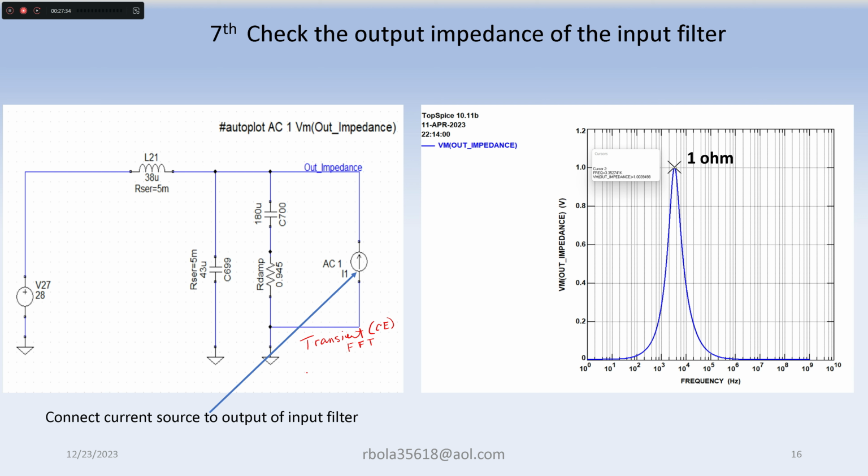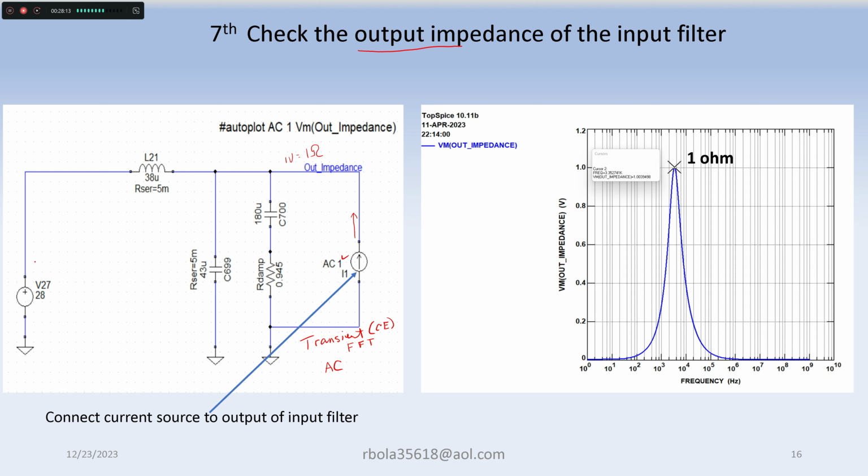Okay, so now to check the output impedance of the input filter, you want to do an AC analysis, and what you do is you set the magnitude of the AC source to 1. So if you put 1 amp here and you have, let's say, 1 ohm, you should have 1 volt, which means that it's 1 ohm. Okay, so it's a 1-to-1 ratio if you make this 1 amp.